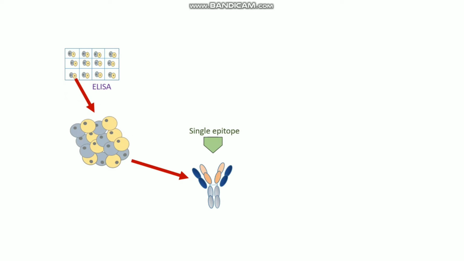These single clones can only produce the antibody against a single epitope. This is why these antibodies are known as monoclonal antibody, because they are produced from only one single clone.